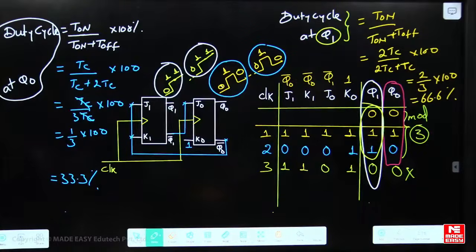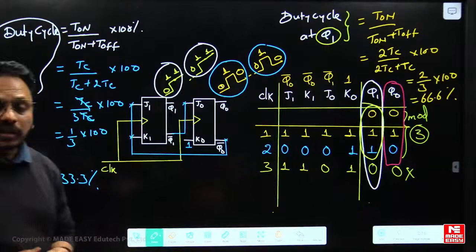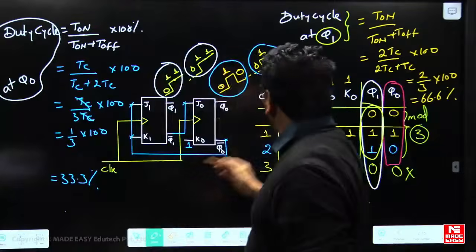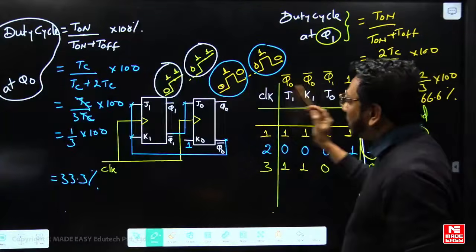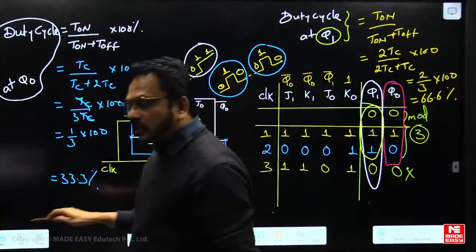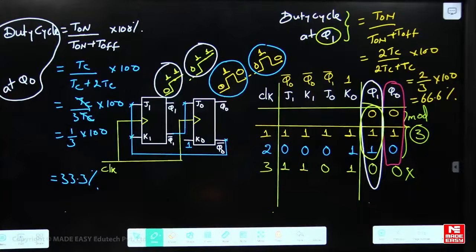Yeah, I got the answer, all of you. Yeah, Sai, right. Puneet, you got 66.6. Sanjana, you got 33.3%. Kalpesh, Shreyash, yes, right.